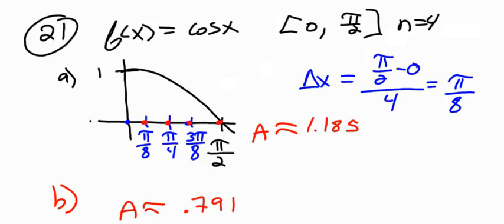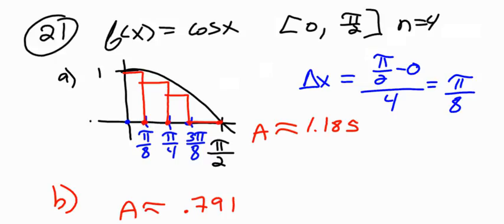And let's go back and check, why is the B, the right approximation, so much smaller? So if I do the right, these are my rectangles for the right endpoints. And I can see with drawing the graphs and having the rights, that's definitely going to be my under approximation because there's nothing over the graph.